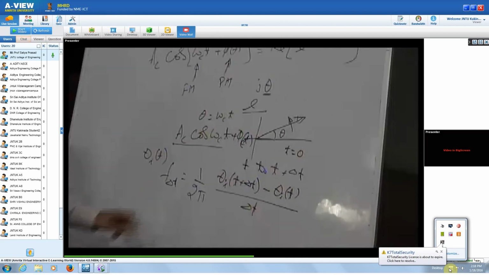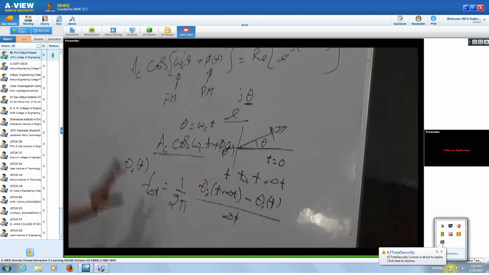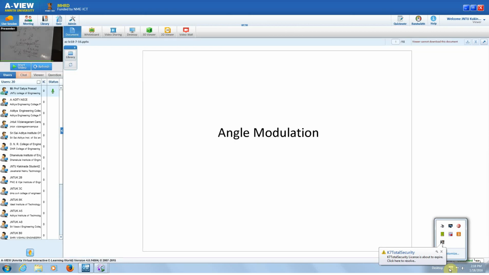So this is the angular velocity with which your phasor is moving when this is moving monotonically.